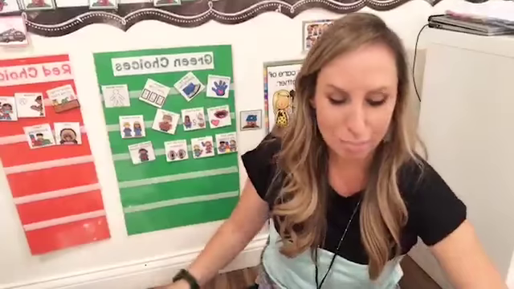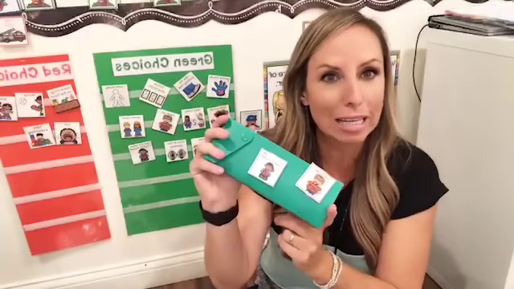And if those things aren't working, usually there's something else going on with that kiddo, or that kiddo might need a personal green and red choice board. They may need to be put on some kind of token system.